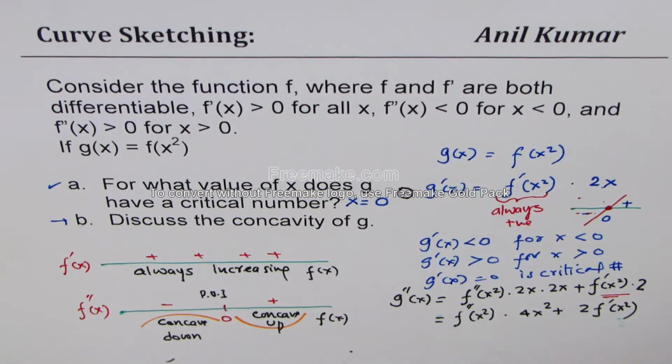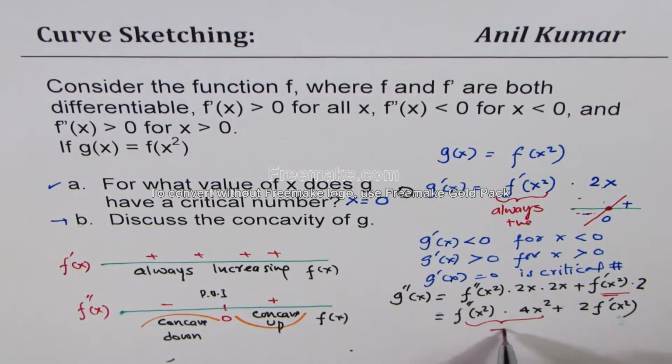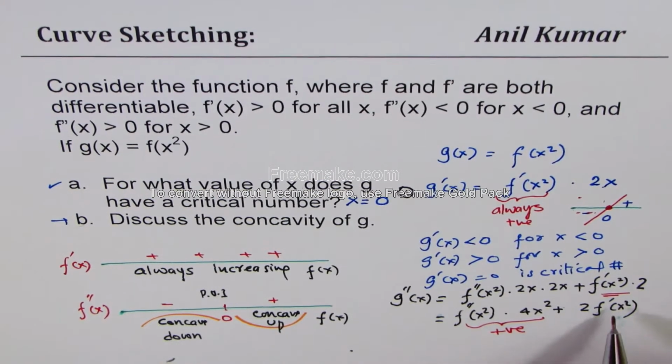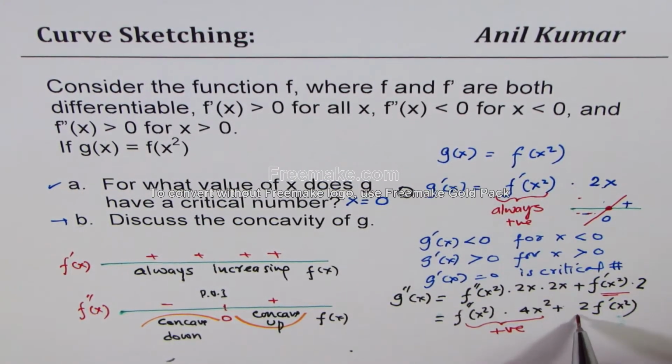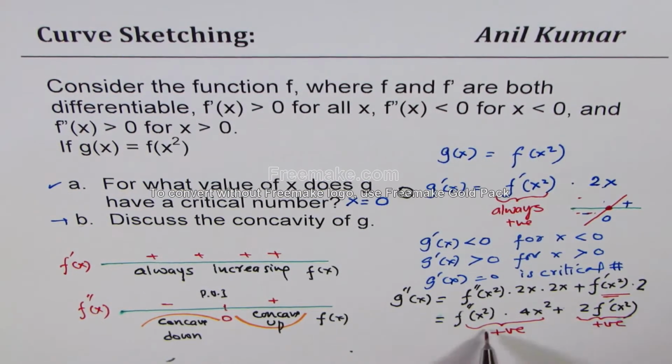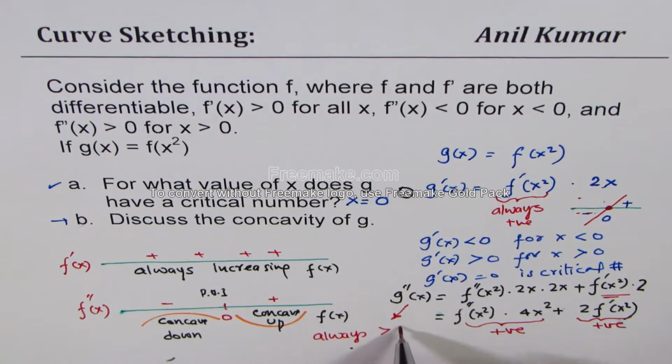If you see, for any value of x, this term is positive, always positive. Here also, we know that the derivative of x squared is positive, so twice that is also positive. So what we observe here is that the second derivative is always greater than 0.